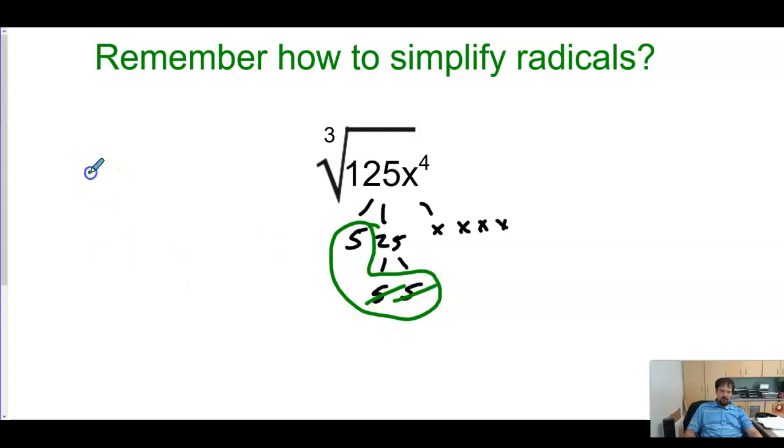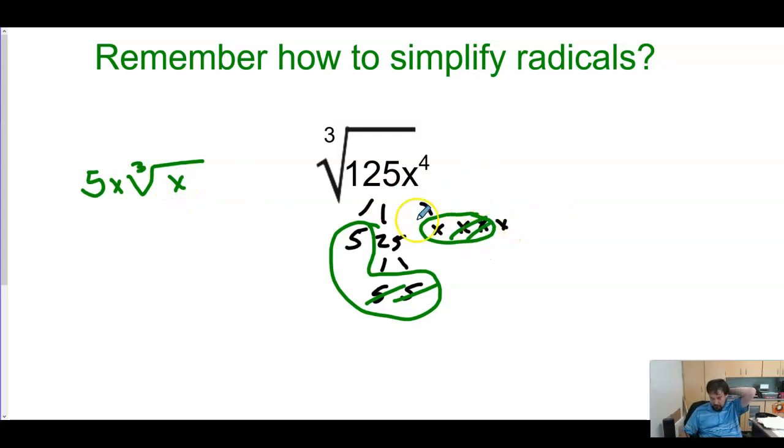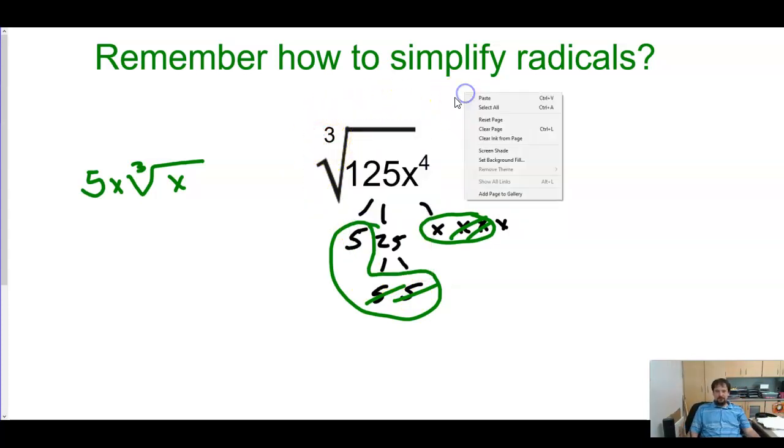Remember, those cross out, and my 5 escapes from the radical. Then here I have these 3 x's. Those 2 don't make it, and this x escapes. Then I'm left with the cube root of what's left inside, in this case just my x, because that's the only thing left. That's how we simplify. Remember, if it's a square root, we just find groups of 2. So this number tells you how many groups you're trying to find when we simplify it down.